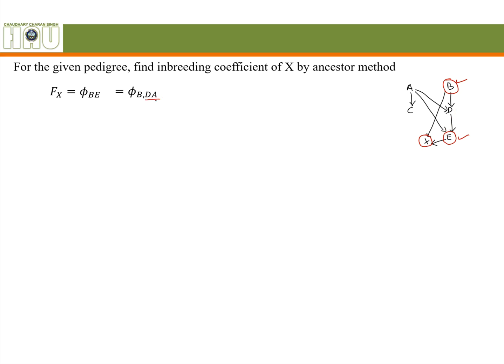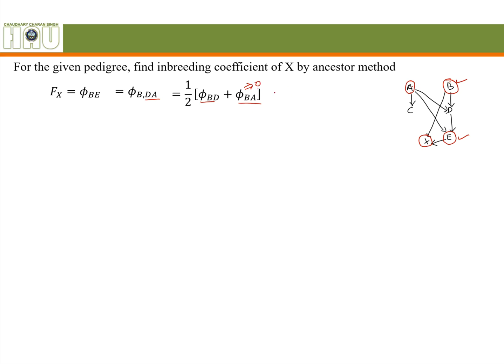Now using the probability law, it is given by half of phi BD plus phi BA. Now you will see A and B are two parents and we don't know the parents of A and B, so this term becomes 0.